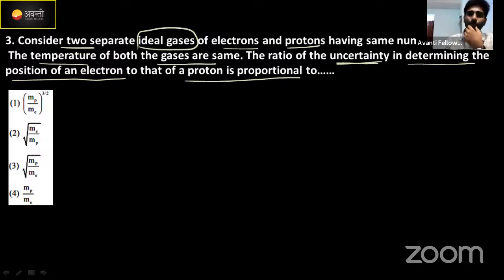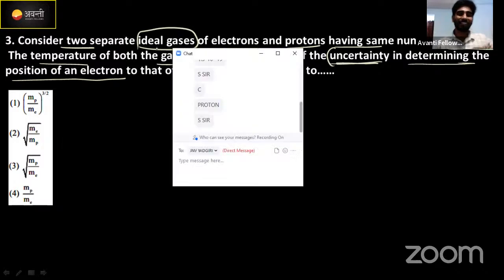Here they have given one more point, uncertainty. ये uncertainty क्या है? What is the meaning of uncertainty? Actually, this topic is also not there here, I guess. Okay, I'm going to teach you a different topic here. Actually, this uncertainty concept will come in higher classes. Do you know anything about uncertainty?